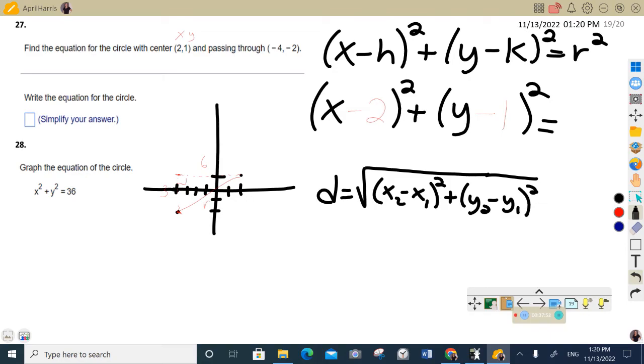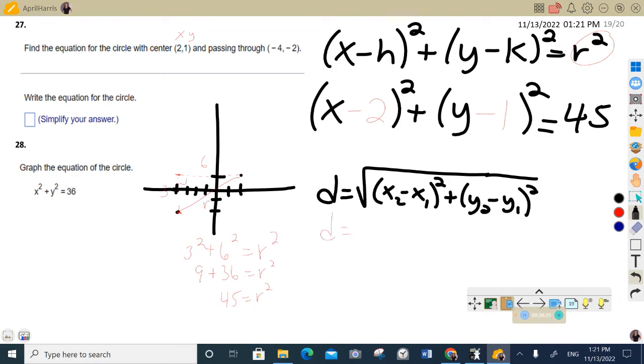So 3 squared plus 6 squared equals the radius squared. That's going to be 9 plus 36. And that's going to be 45. Now, that is the radius squared. I don't need to take the square root of that because in my equation, I don't want the radius, I want the radius squared. So it is 45.